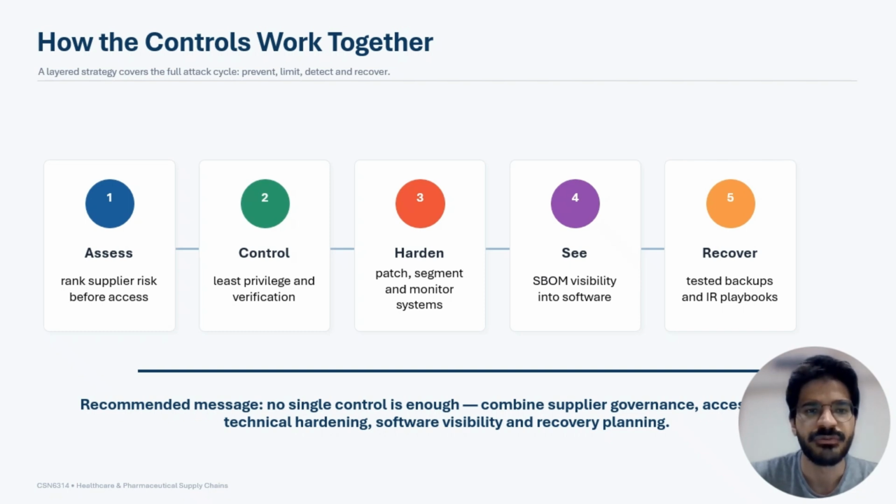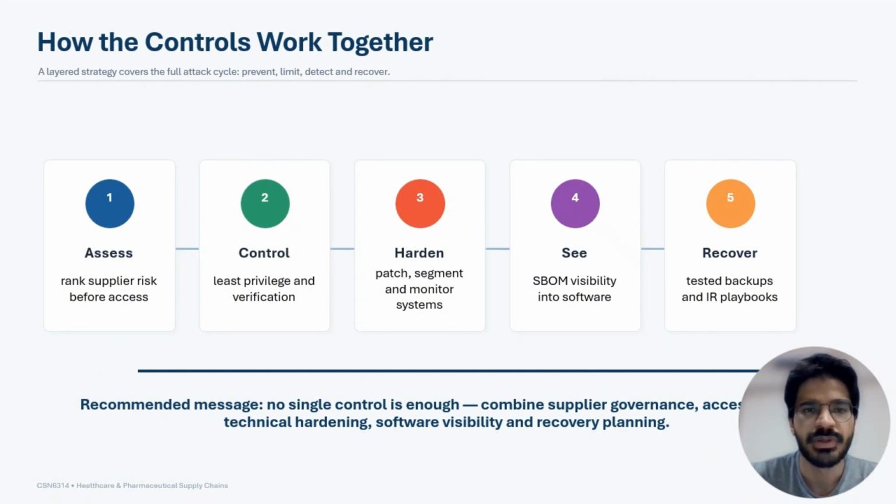And fourth, SBOM gives better visibility into third-party software components. This helps the organization know what software is being used and whether any component has known vulnerabilities. Finally, backup and incident response planning help the organization recover if an attack happens, especially in ransomware cases.